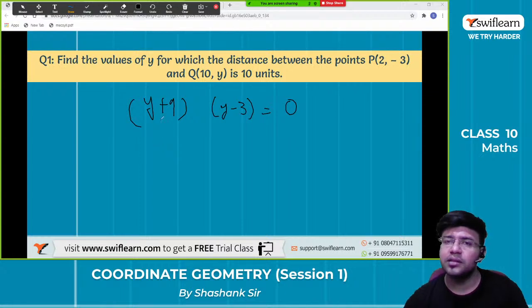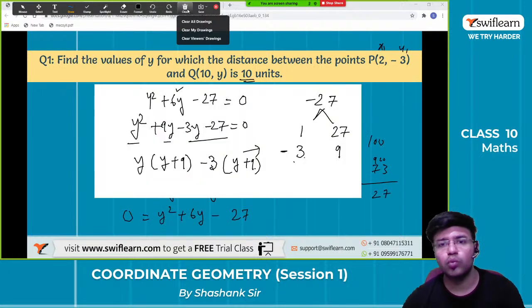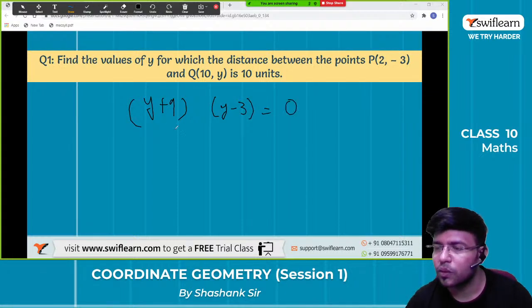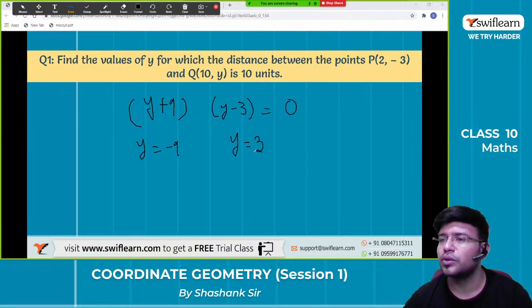Now simplify this. Just let me check whether I have written this correctly. y plus 9, yes, y plus 9, y minus 3 is equal to 0. Now simplify this, we get y is equal to minus 9 and y is equal to 3. So what does this mean?